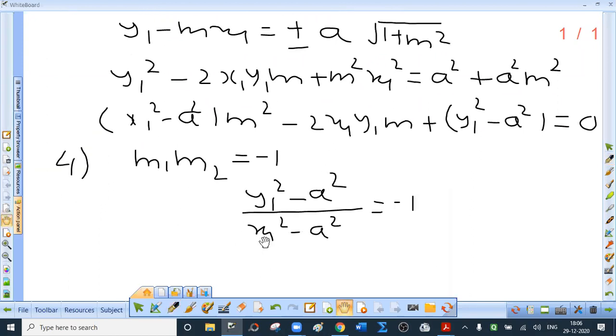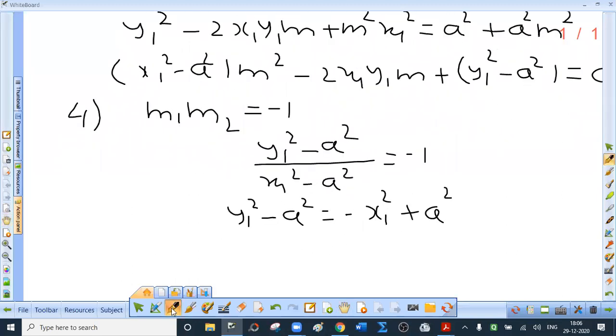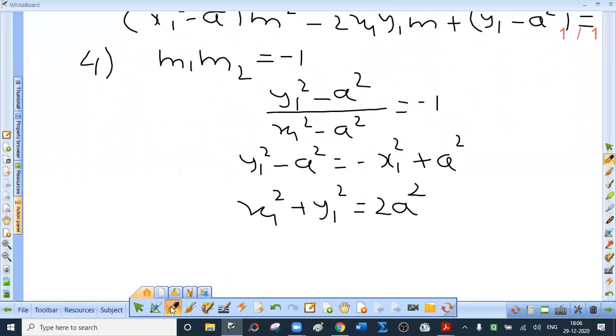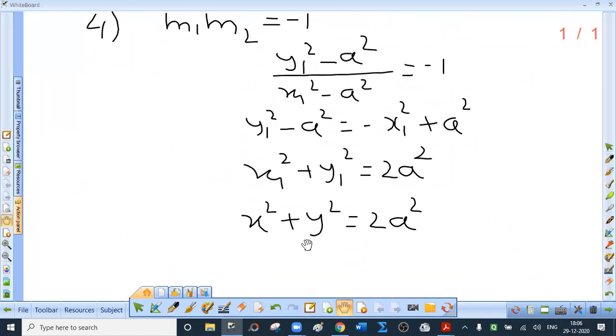Right? Rearrange the terms. So y1 square minus a square is minus x1 square plus a square. Means what? Means x1 square plus y1 square is 2a square. Note that to get the equation of locus, we replace x1 by x, y1 by y, to get locus as x square plus y square equal to 2a square.